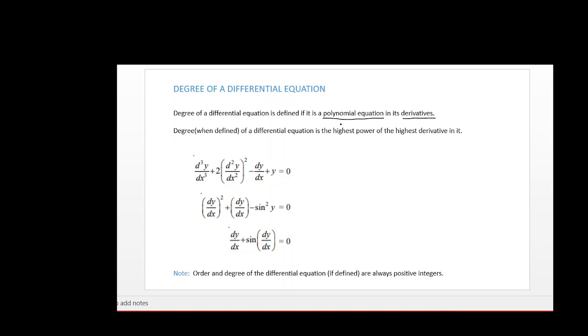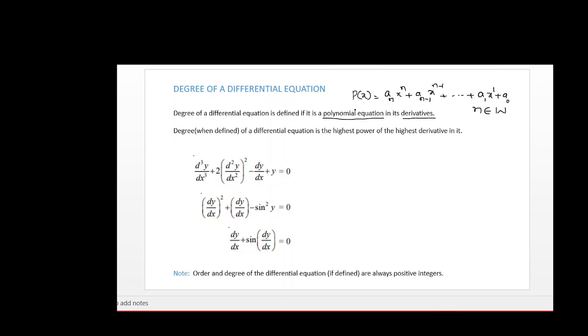What is a polynomial? Recall the 10th class definition of a polynomial: p of x is equal to a n x power n plus a n minus 1 x power n minus 1, and so on, the last being a1 x power 1 plus a naught, where x power 0 is 1. Here n must belong to the whole numbers, so either 0 or positive integers, natural numbers including 0.